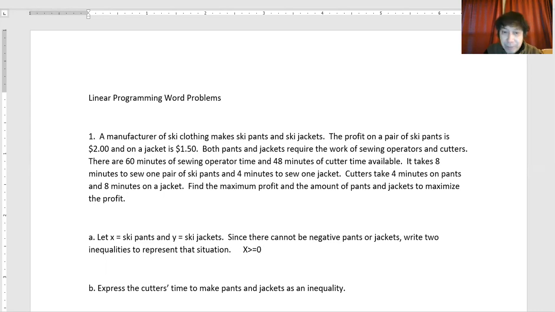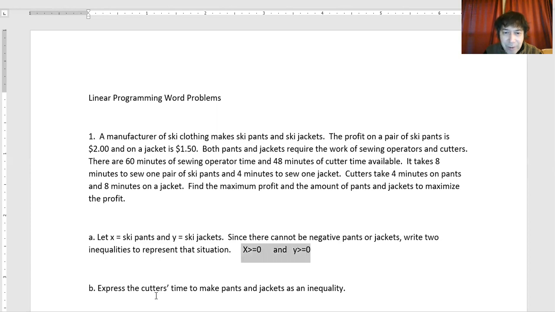It cannot be negative. And for the other one, for the jacket, this will be Y greater than or equal to 0.